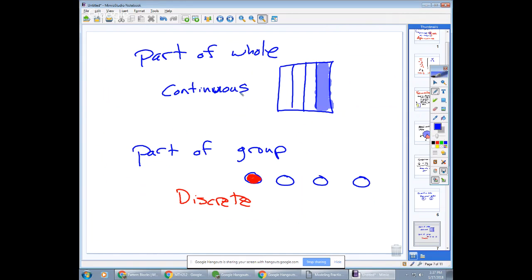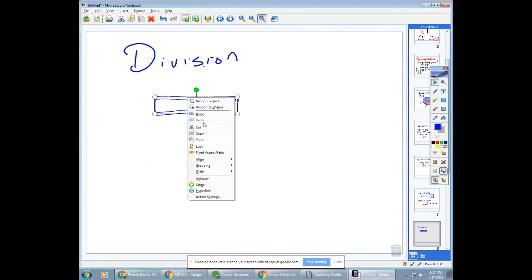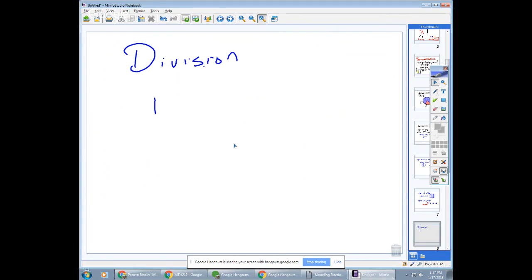The division problem is an interesting one for a fraction. So imagine that I have 2 chocolate bars. And let's say they're the same size. Let's see if I can duplicate this.